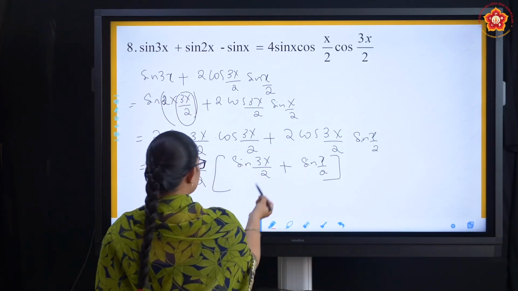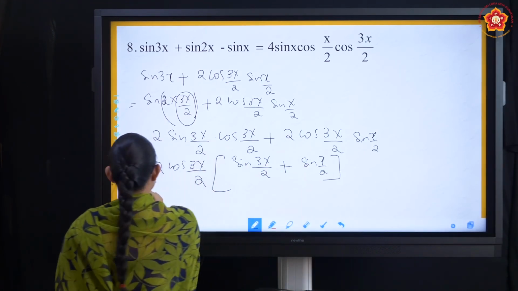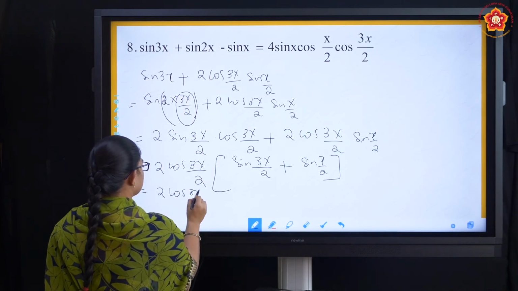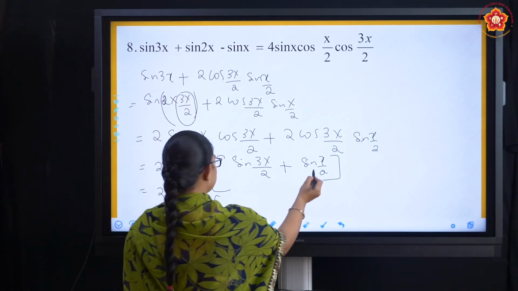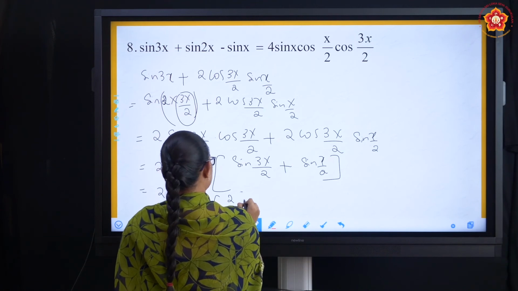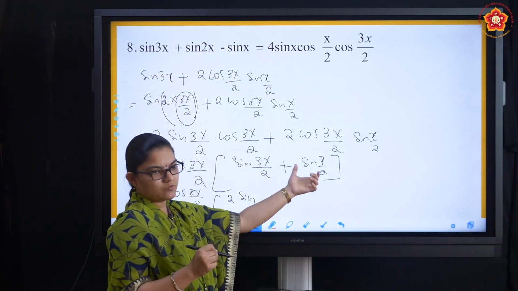Now I can apply the formula sin x plus sin y. So I get 2 cos 3x by 2 into, sin x plus sin y is nothing but 2 sin((x+y)/2) cos((x-y)/2).